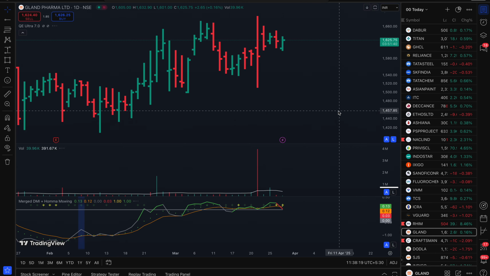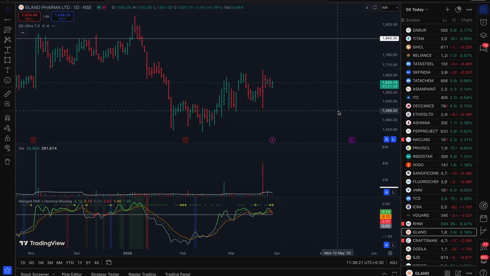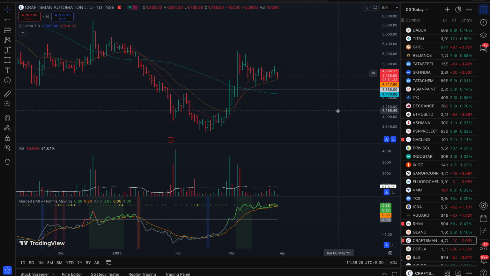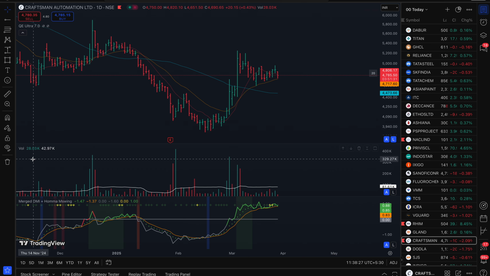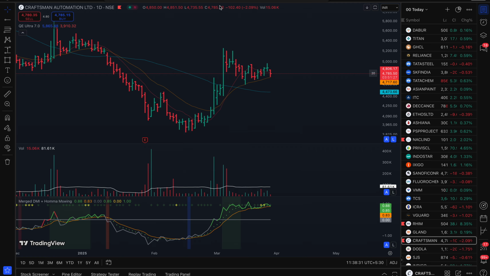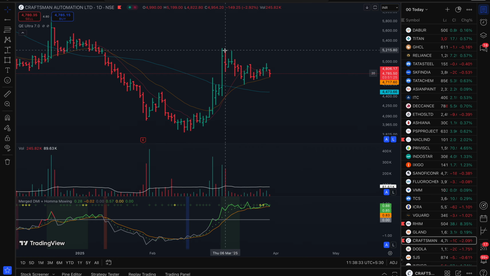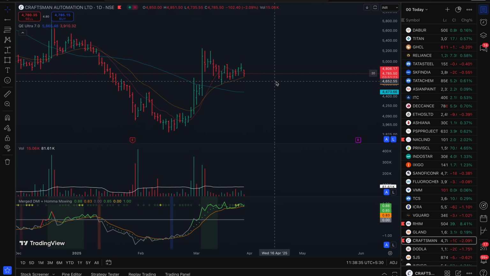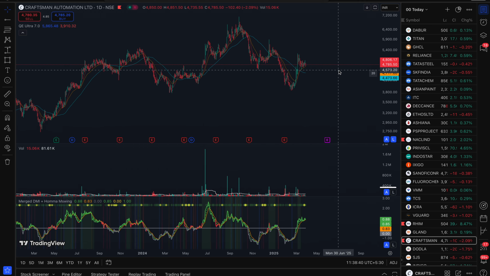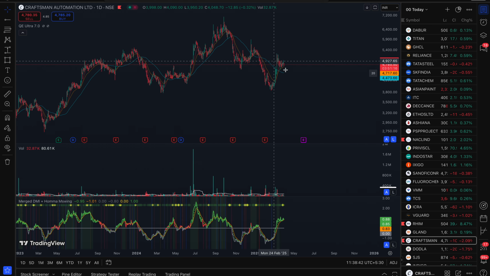So Gland Pharma, not very interested right now. Craftsman Automation is also a really good setup. This is a prior uptrend. I mean, from a larger perspective, this is not a really good setup because this is a lower high.